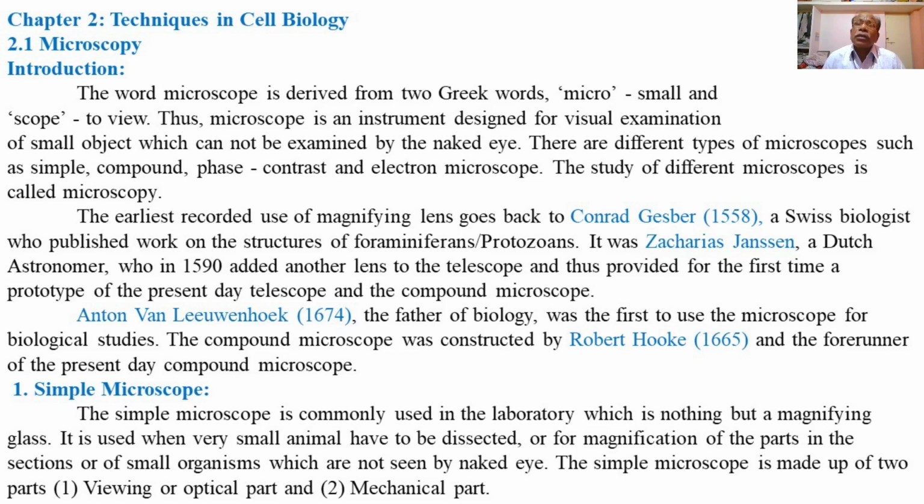Anton van Leeuwenhoek in 1674, who was described as the father of biology, was the first to use the microscope for biological studies. The compound microscope was constructed by Robert Hooke in 1665 and was the forerunner of the present day compound microscope.